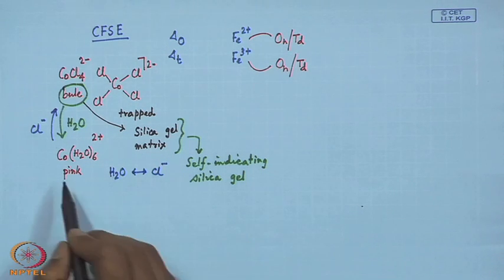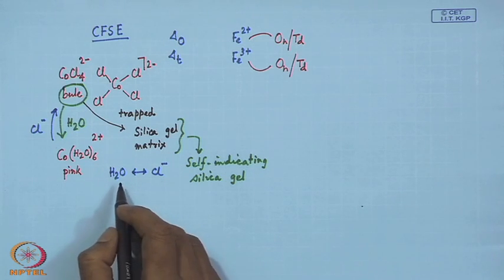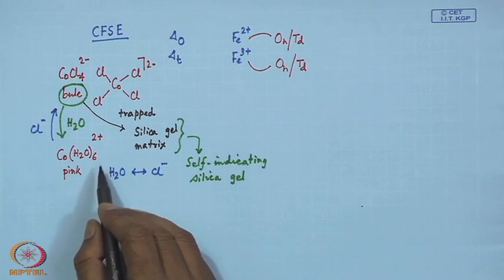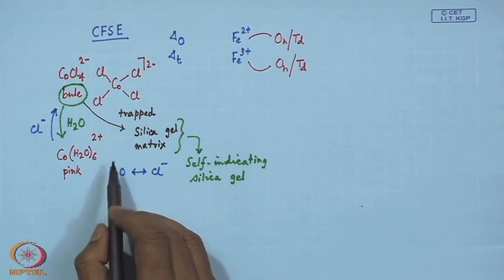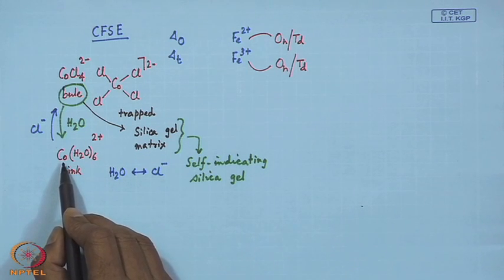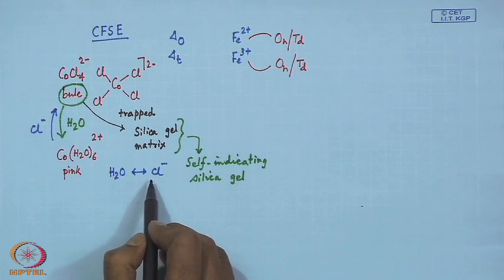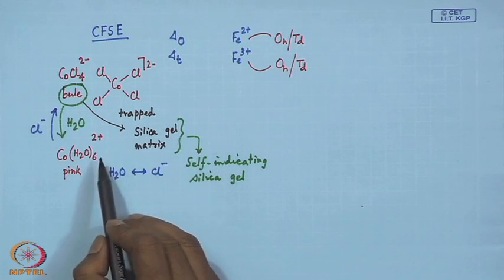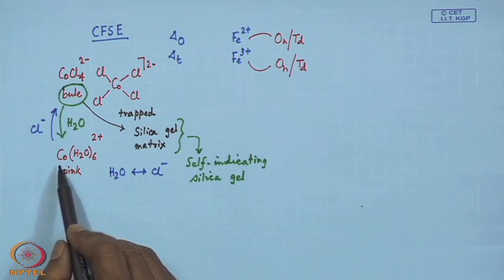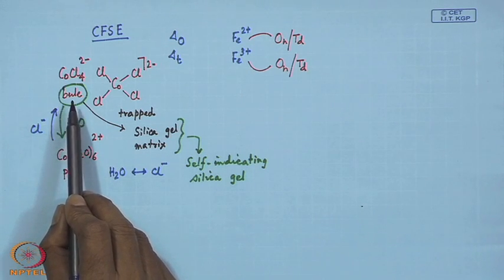When we put this pink colored silica gel in oven, in air oven at around 100 or 120 degrees centigrade, we see that when we remove these moistures at this particular temperature, these water molecules will go out from the cobalt site, and these Cl minus anions which are nearby trapped within the silica gel will approach again back to the cobalt site, giving the silica gel again the corresponding blue coloration.